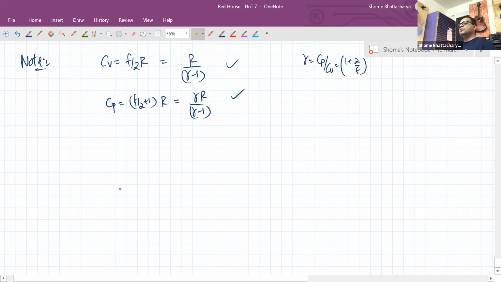So these two additional formulae you should remember. Delta U for any process, which is nF/2 R delta T, can also be written as nCv delta T, and also as nR upon gamma minus 1 delta T.